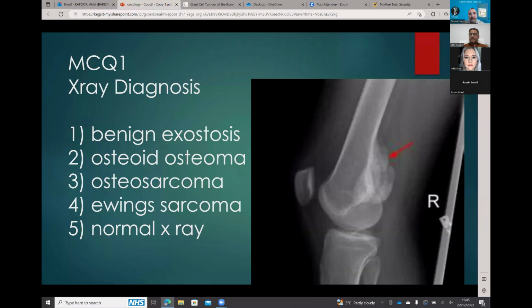We don't expect even senior consultants to always be sure about the diagnosis. So guys, don't be worried if you're not sure, is this fibrous dysplasia or is it a bone cyst. If you're worried in your clinical practice, always investigate and always refer. If you're not sure exactly which investigation to do, ask for advice.